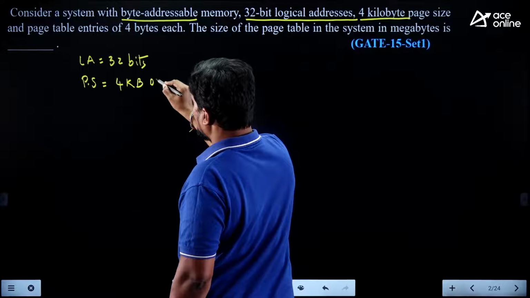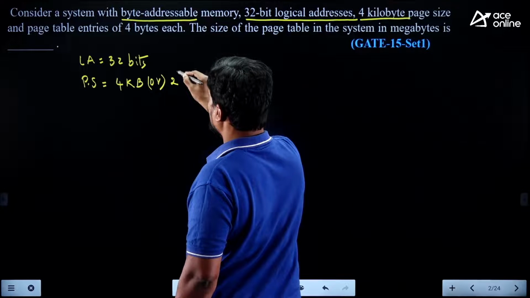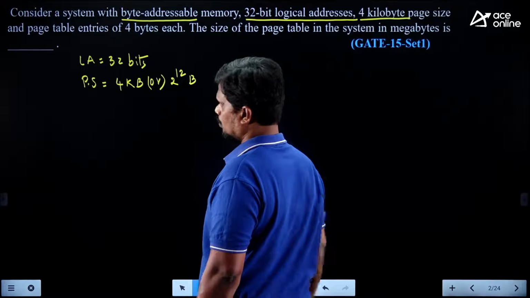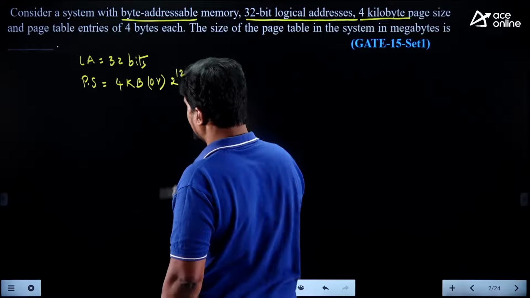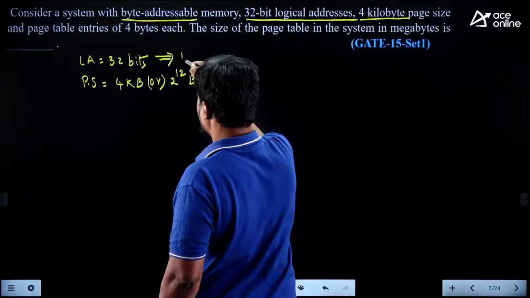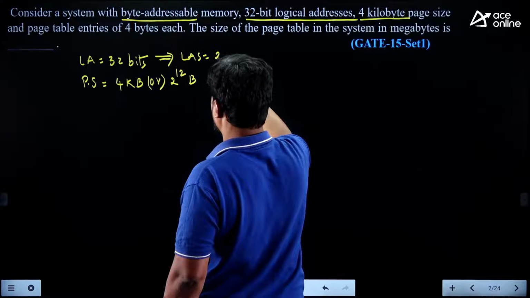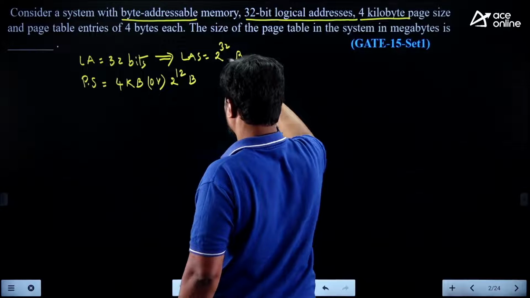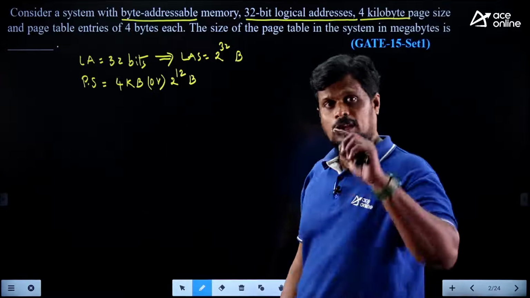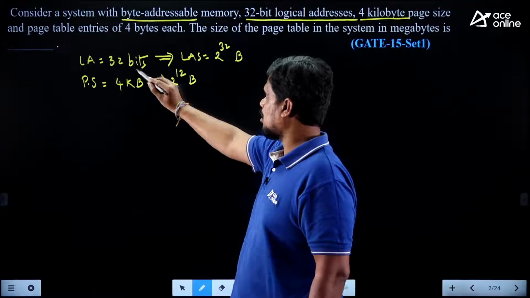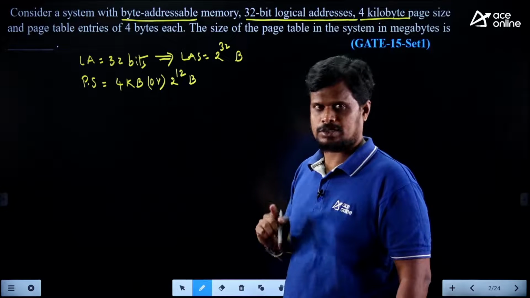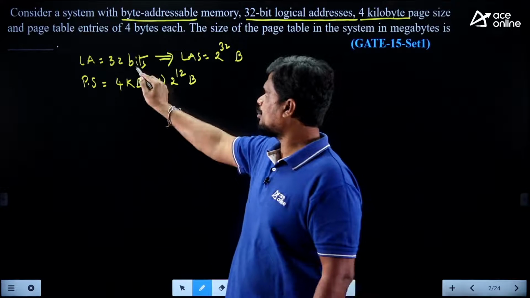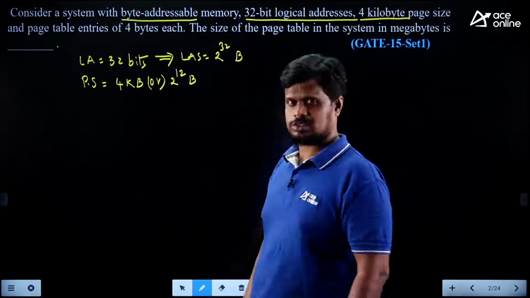If I convert this into powers of 2, then this is going to be 2 power 12 bytes. And if the logical address is 32-bit, then the logical address space is going to be 2 to the power of 32 bytes. So the logical address is in terms of bits, but the logical address space is in terms of bytes. Mind this sensible point.